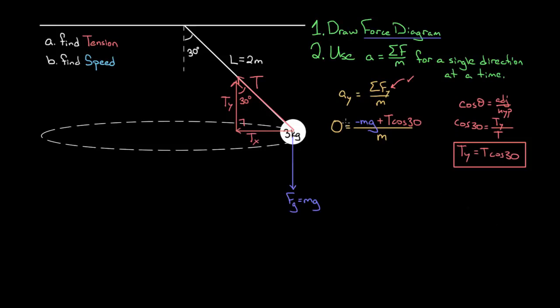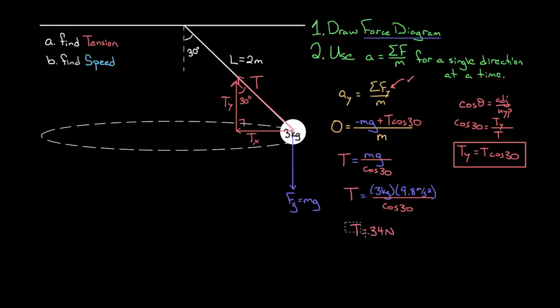I'll move the mg over, and then I divide by cosine of 30. I get that the tension in the rope is going to equal mg, the force of gravity, divided by cosine of 30. And if we plug in numbers, T equals, the mass was 3 kilograms, g is always 9.8, divided by cosine of 30, gives us a tension of about 33.9 newtons. I'll just say that's 34 newtons.